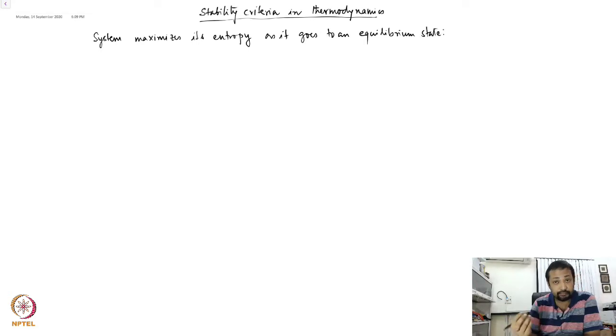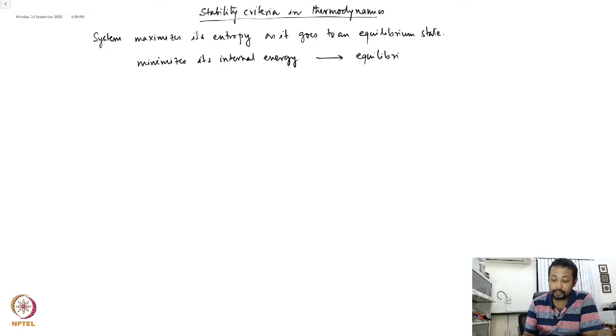Now alternatively the statement can be recast in terms of the energy, that it minimizes its internal energy as it goes to an equilibrium state.